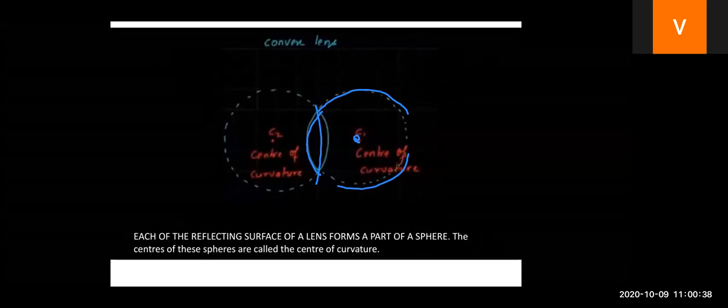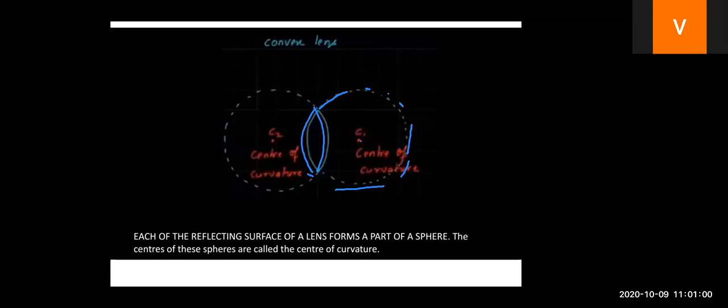This is called the center of curvature, right children? The lens has two surfaces, and these surfaces form a part of a sphere from which the lens was cut. So the centers of these spheres are your centers of curvature.